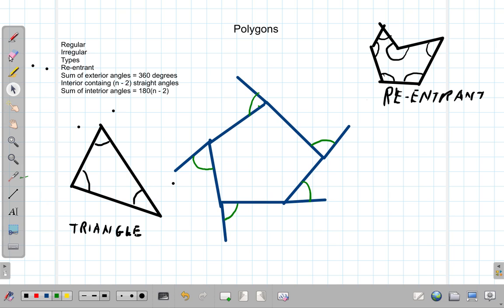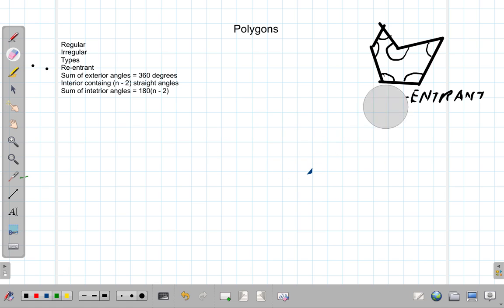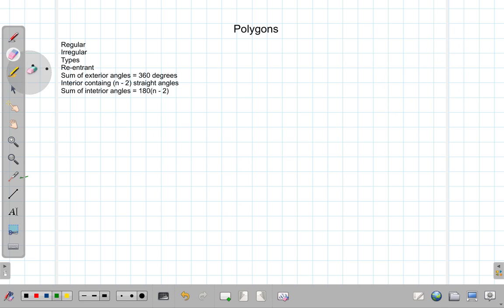Now, let's look at each in turn. Suppose we have a triangle. The number of sides is 3. So the angles, let's use this symbol for angles, the total interior angles.